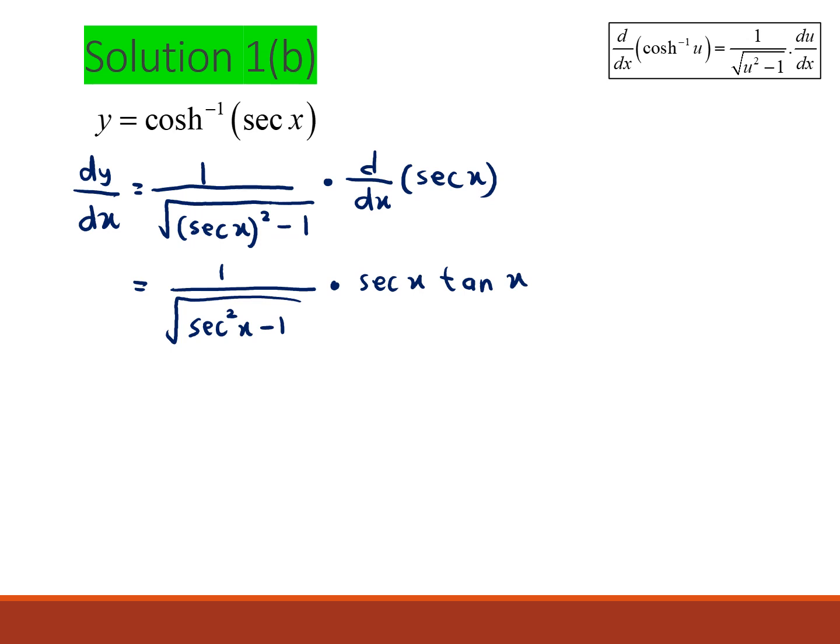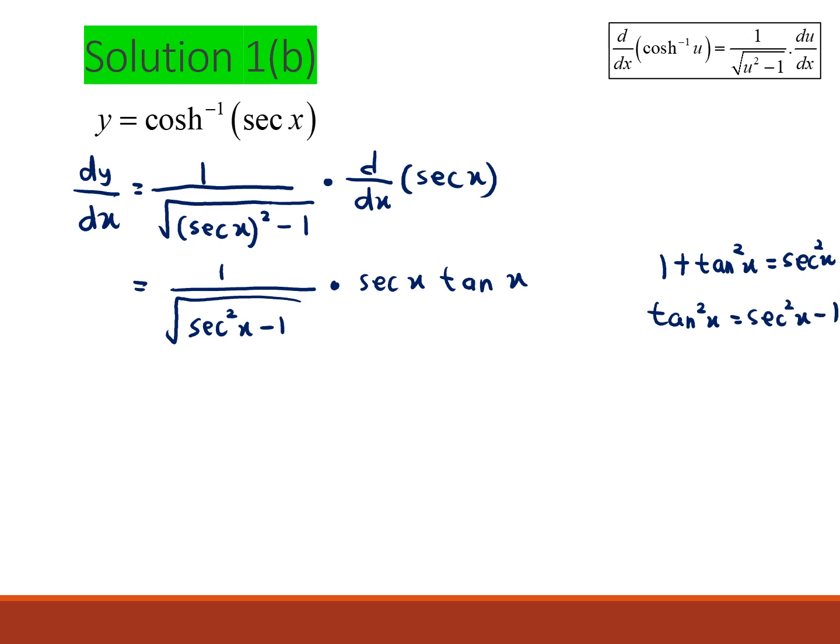We can simplify this equation, where using the identities, we know that 1 plus tangent square x is actually equal to secant square x. So tangent square x is equal to secant square x minus 1.